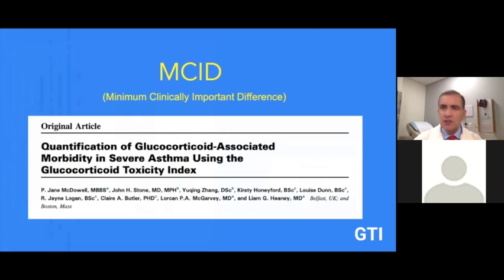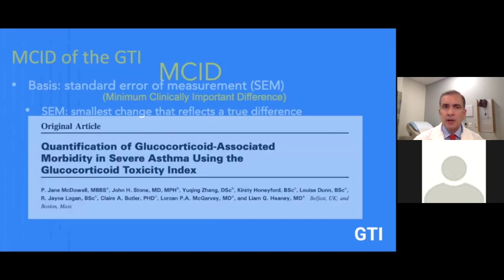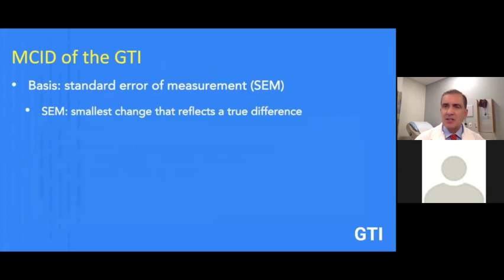The methodology for developing the MCID was described in the supplement to this paper shown here, which was published again in early 2021 in the European Respiratory Journal. But let me just say that the basis of the MCID, and this MCID was calculated based on patients who were used during the original development and validation of the GTI.